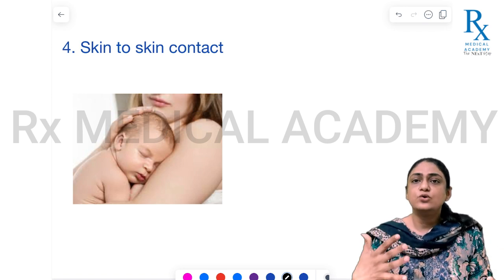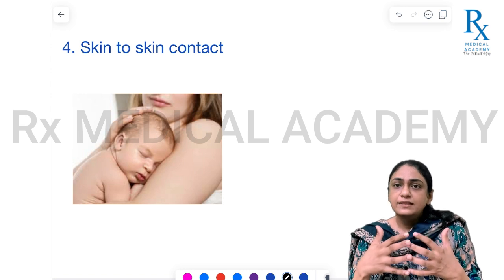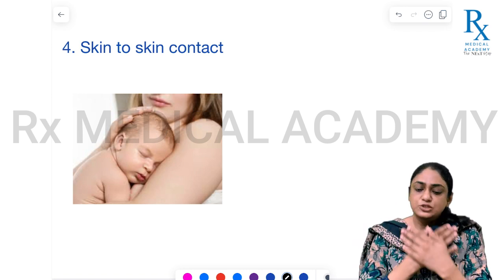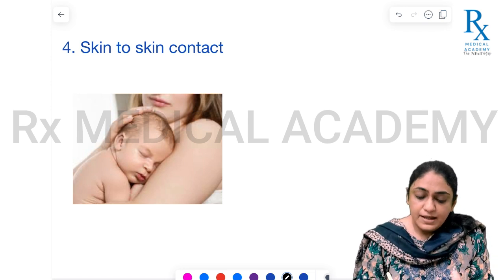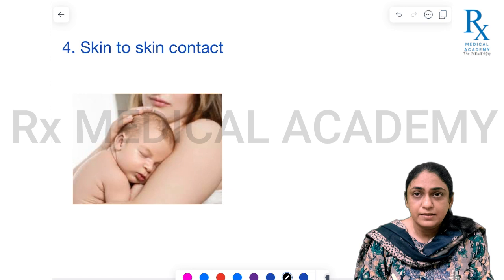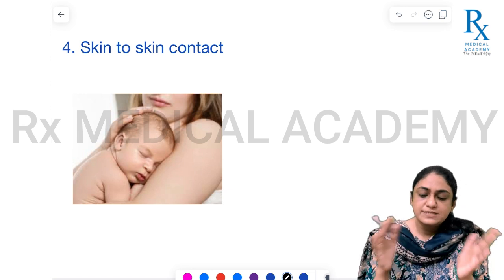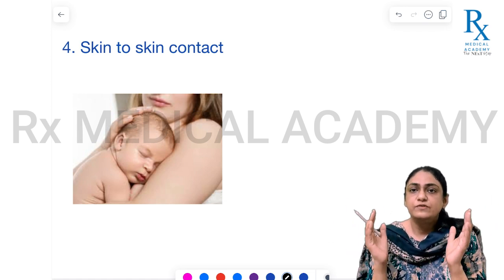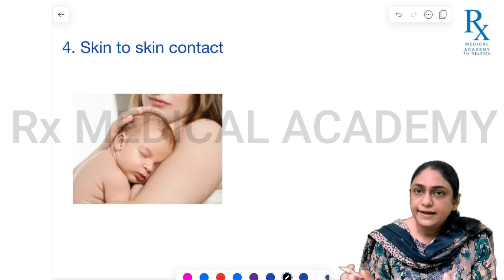What does skin to skin contact mean? It means that there is nothing between the skin of the mother and the baby. As you can see in this picture, the picture is self-explanatory: the baby is in direct contact with the mother's skin. And you can cover both mother and baby with a sheet or a blanket depending upon the surrounding temperature, right?